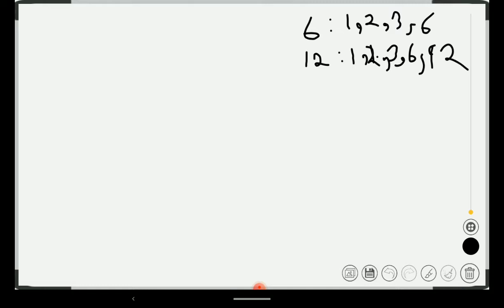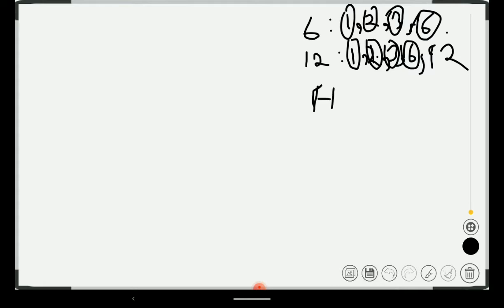So as you can see, 6 is the highest common factor here. There are other common factors, that is 3 and 2 and even 1. So these are common factors that I have circled, and out of them 6 is the highest, as you can see. So HCF of 6 and 12 is 6.